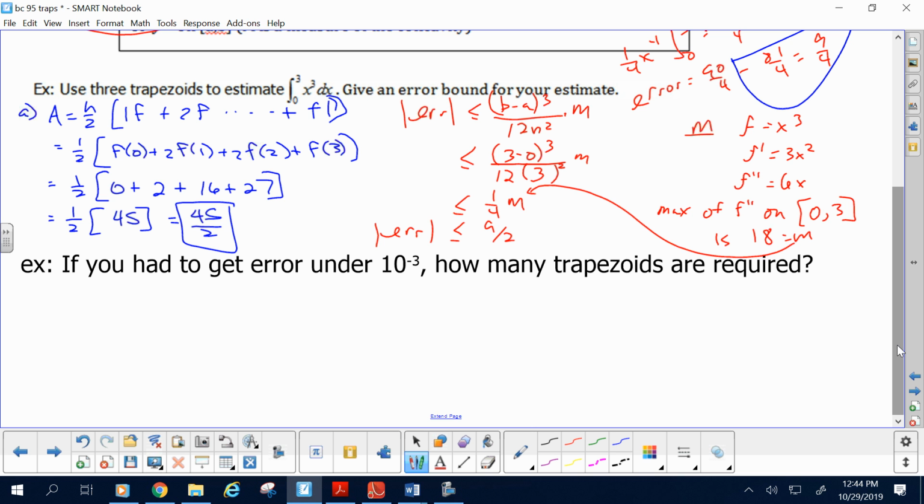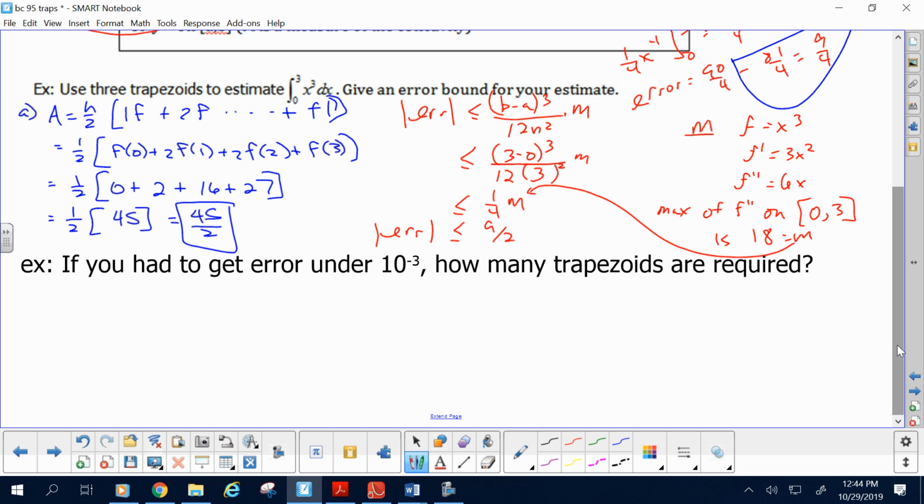Sometimes you are required to find a degree of precision. If you were to try and estimate this integral and you know you have to get it less than 1,000th off, well, the first thing you have to say is, all right, to get that close, how many trapezoids would I need? This is a different type of question, same idea. If we had to get error under 10 to the negative third, then how many trapezoids are required? All right.